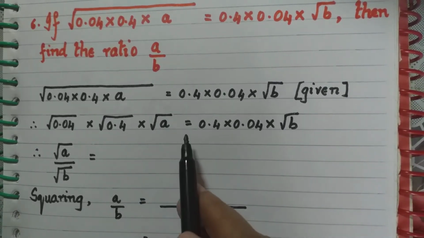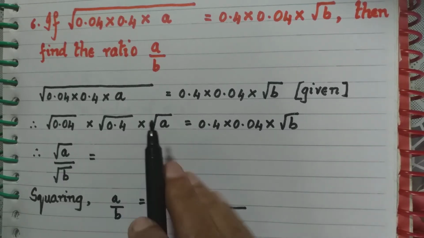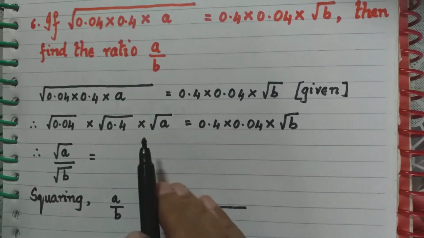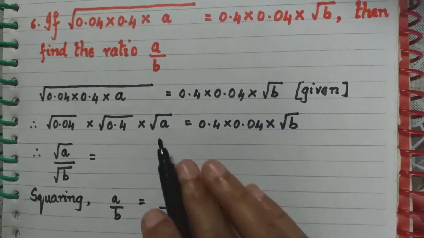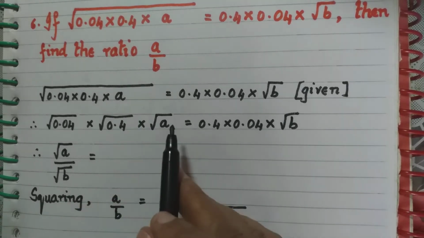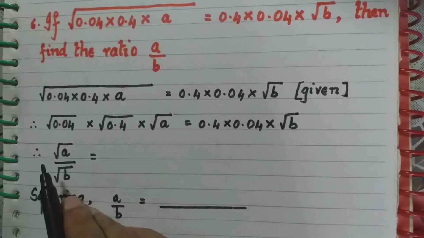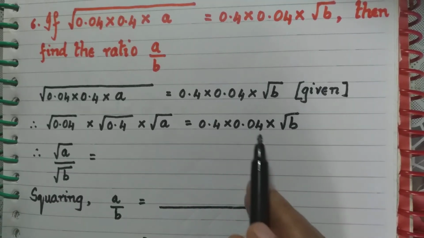Now what I will do is, I will keep a by b on one side. Now I don't have only a and only b. What I have is square root a and square root b. So I will keep square root a and square root b on one side. So square root a is already on the left hand side. I have written as it is. Square root b is on the right hand side.